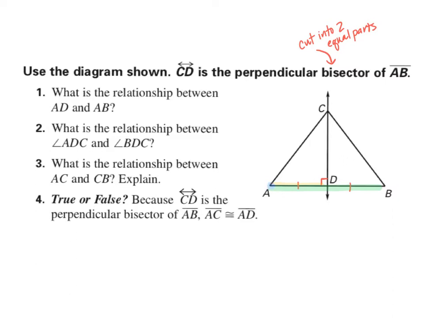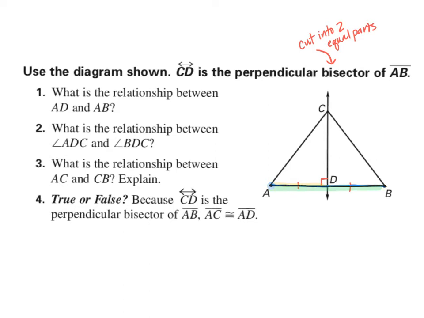So AD and, hold on, let me use the pen here. AD and BD are the same measure, and both of those combine to create that whole measure here of AB.